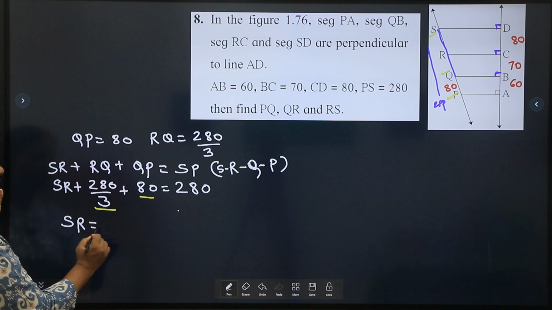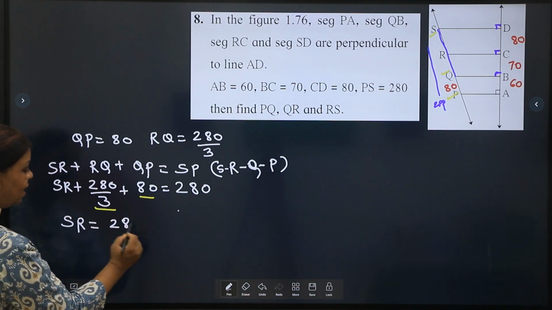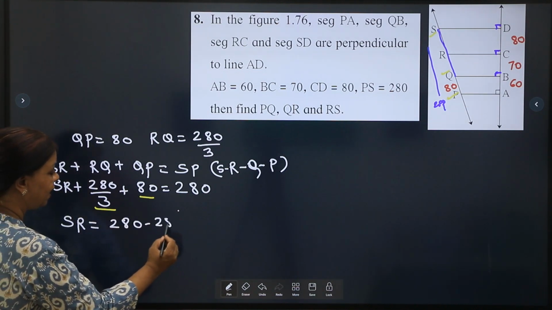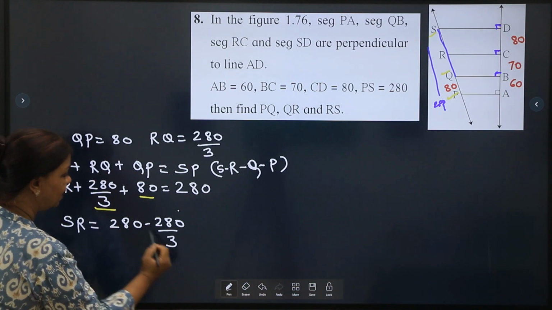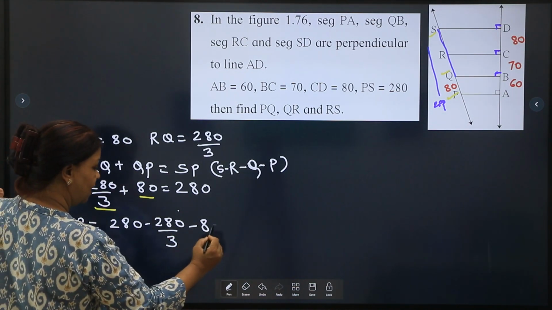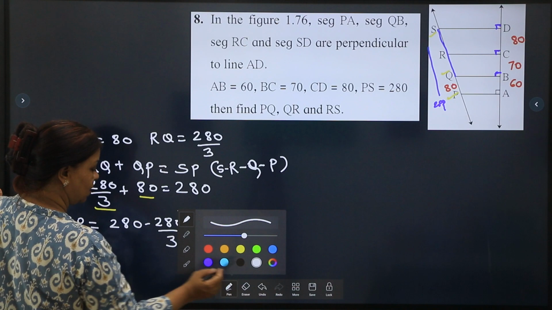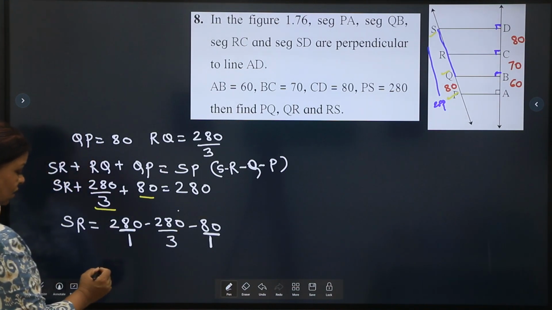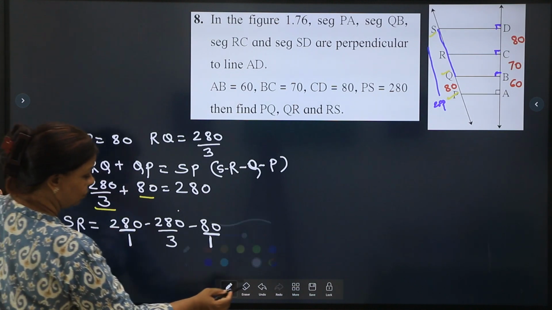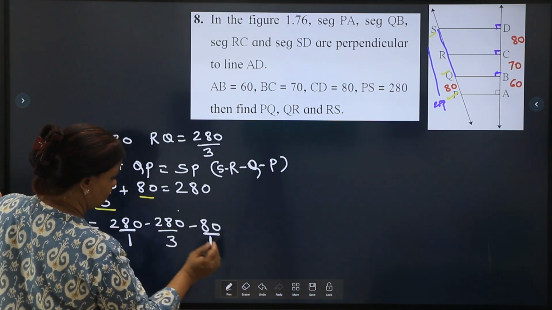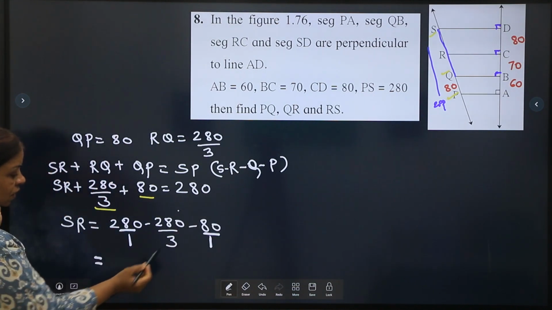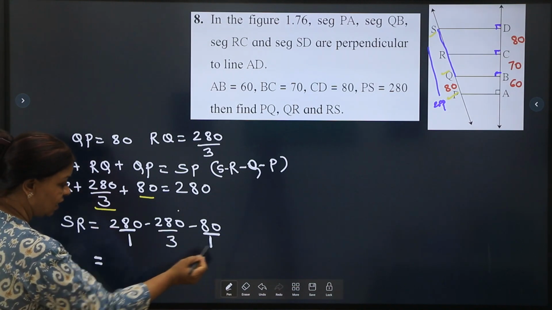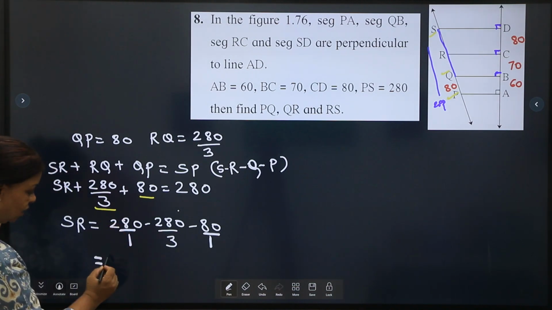SR is equal to 280 minus 280 upon 3 minus 80. This is upon 1. So what I'll do, I should have denominator 3, so multiply this by 3.